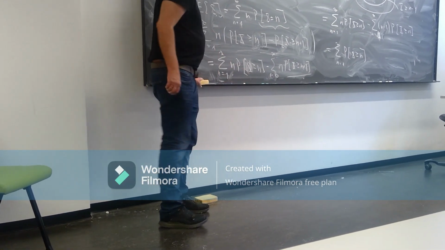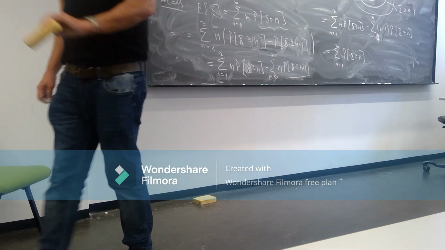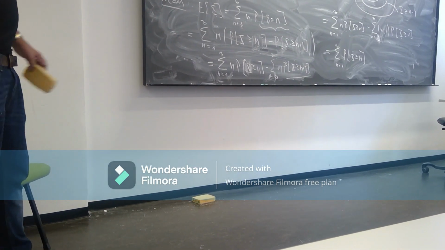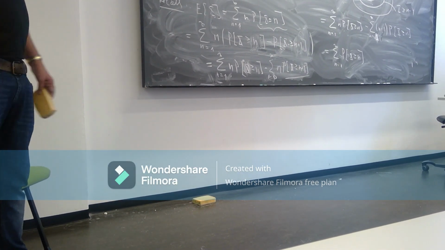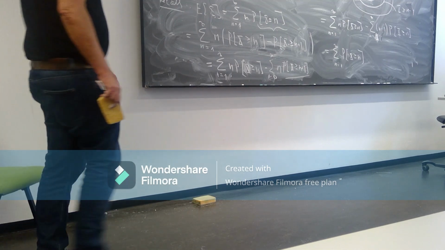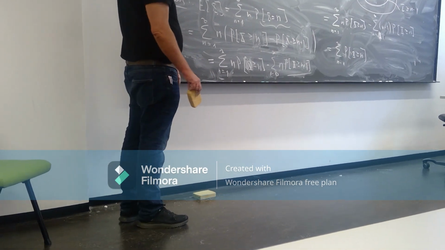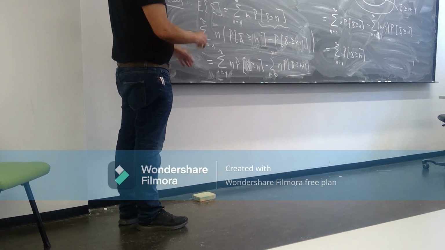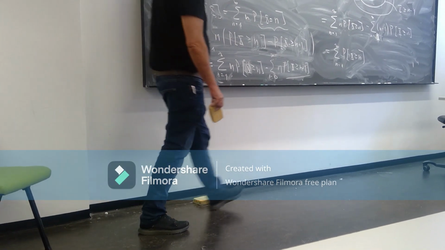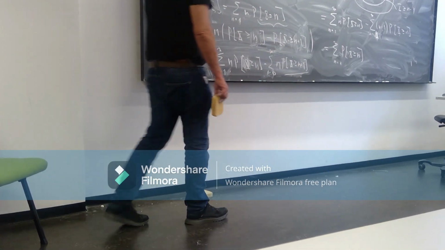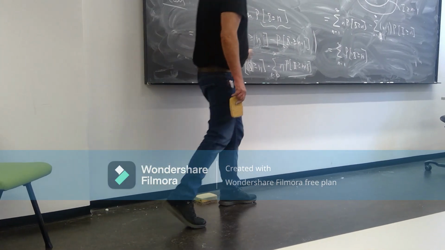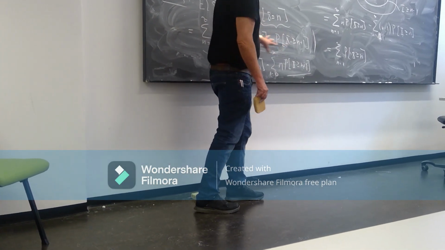So what I'm really doing here is a kind of discrete partial integration. Because if you think of this as a difference, I'm moving that difference to the other side. Here I have the difference between two probabilities.